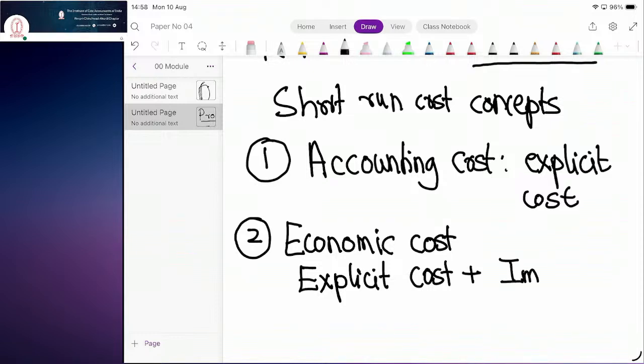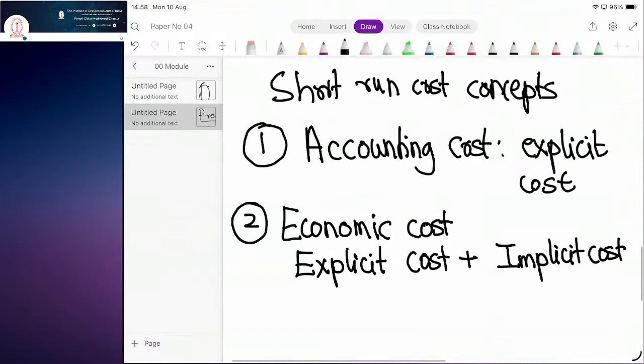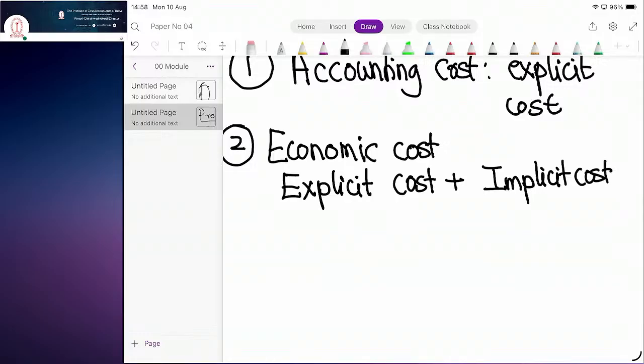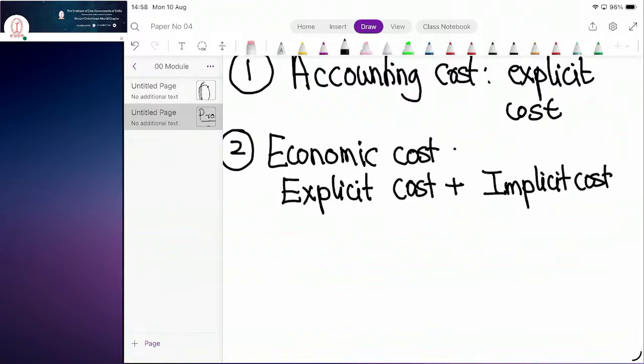Right. If you have forgotten what implicit cost is, please write what it means. Implicit cost is a cost for the business, but it does not involve a cash outflow. For example, if the property is your own, there is no rent on it, so it is not having any explicit cost.